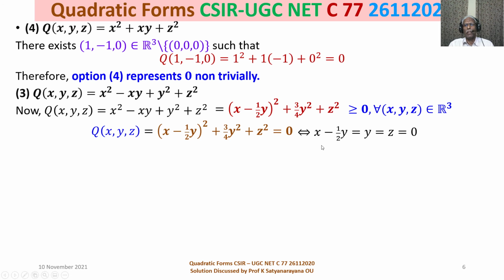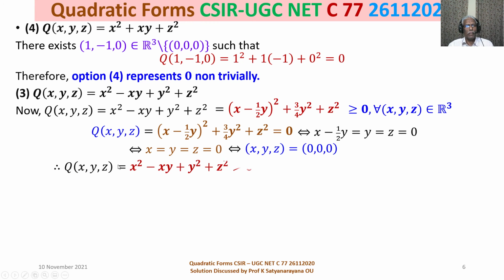And this is if and only if x is equal to y is equal to z is equal to 0. That is, if and only if the triad x, y, z is equal to the triad 0, 0, 0. That means Q of x, y, z is 0 if and only if x, y, z is equal to 0, 0, 0.